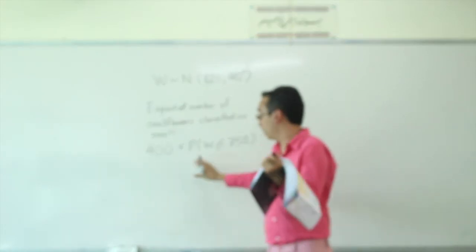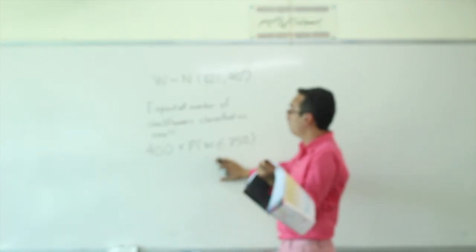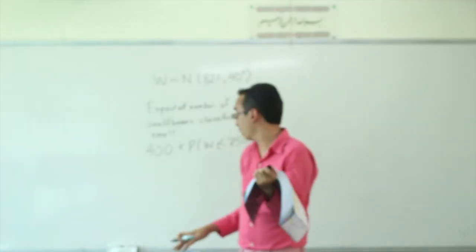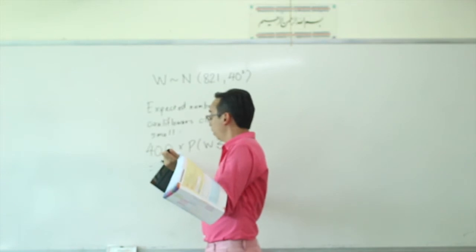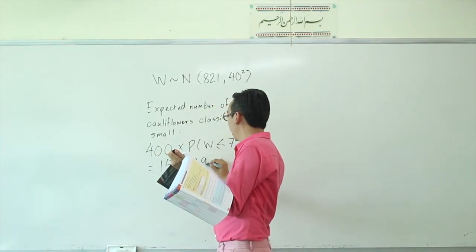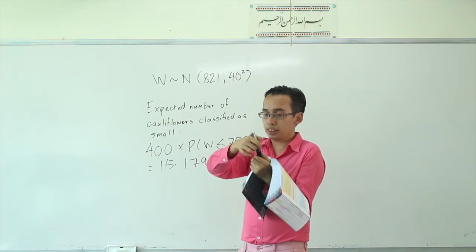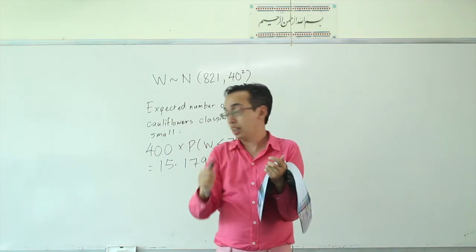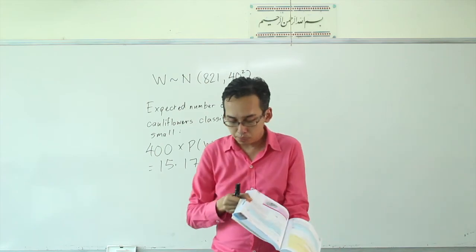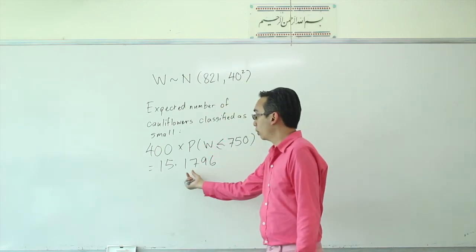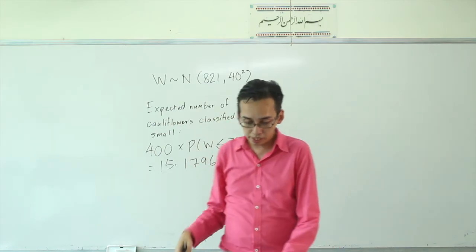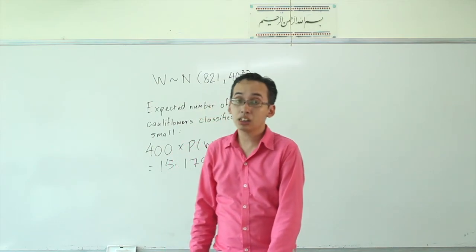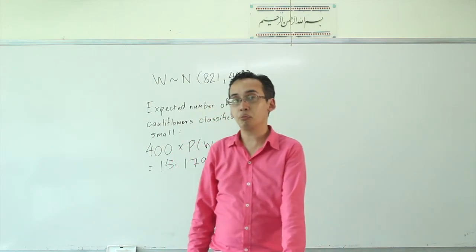To calculate this, we just use our GDC, key in the mean and the standard deviation, get the probability, and multiply it by 400. It will be 15.1796. Even though there's a feeling that we should round up to 16, the decimal part, 0.17, doesn't bear much of a difference. So we predict that 15 cauliflowers will be classified as small.